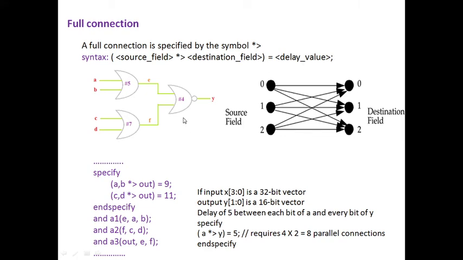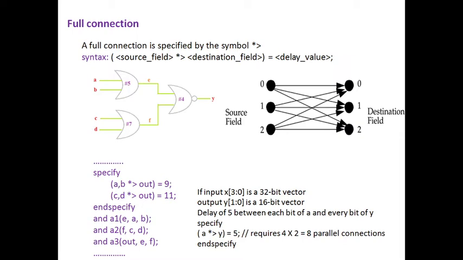So what is the purpose of the full connection then? In the full connection, each bit in the source field is connected to every bit in the destination field. If the source and the destination are vectors, they need not have the same number of bits or the same size. It is not required as it was in the previous case. So we may have a different number of bits at the source side and at the destination side, such that every bit in the source field is connected with each bit in the destination side.